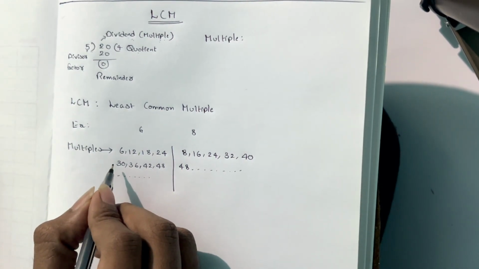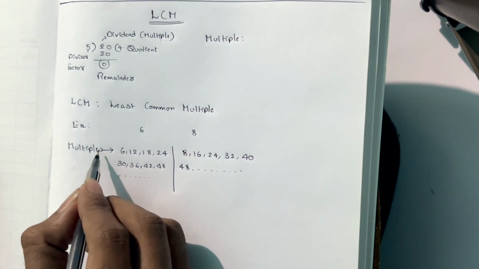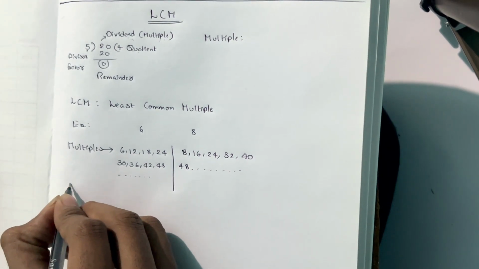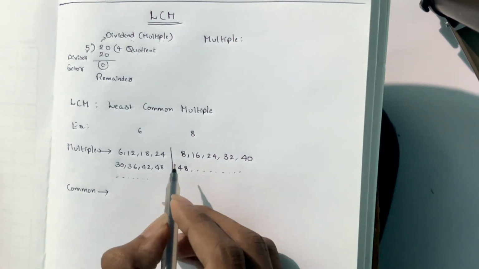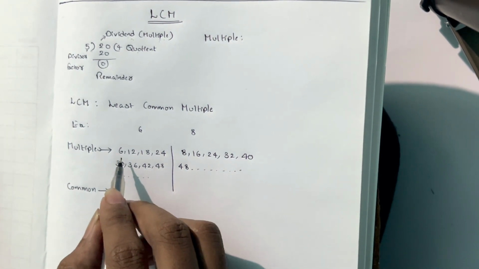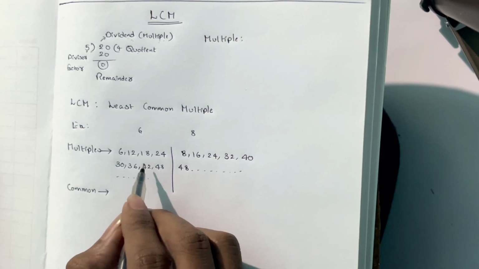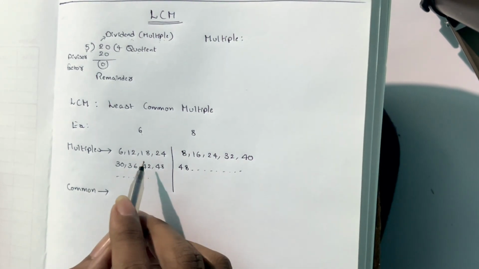So we have the multiples. After multiples, we move to the common ones. What are the common multiples of 6 and 8?